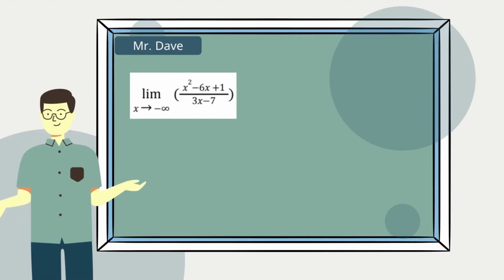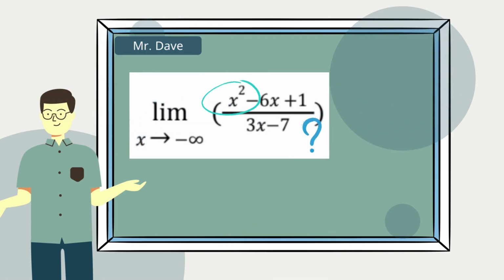Let's proceed to the next function: the limit of (x squared - 6x + 1) over (3x - 7) as x approaches negative infinity. In this case, our highest exponent is x squared. However, the denominator does not have x squared, so we will not consider the x squared.